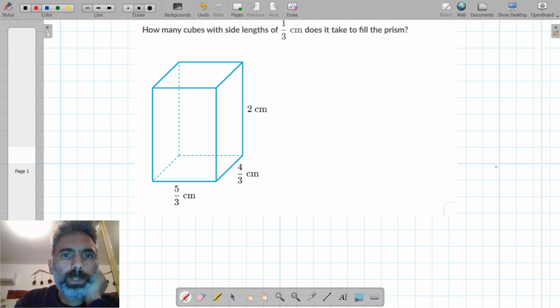So the volume of the entire prism is the base times the height. The base is calculated by multiplying the width times the length, which is 5 thirds times 4 thirds.